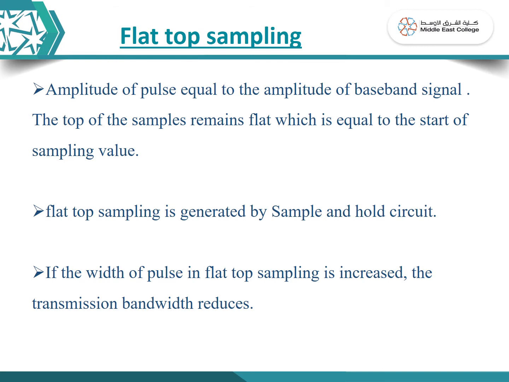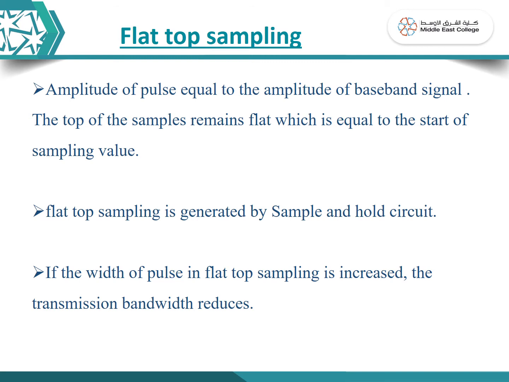Next is flat top sampling. Flat top sampling means the amplitude of the pulse will be equal to the amplitude of your message signal. The top part of the pulses will remain flat, which is equal to the starting value of the sampling.